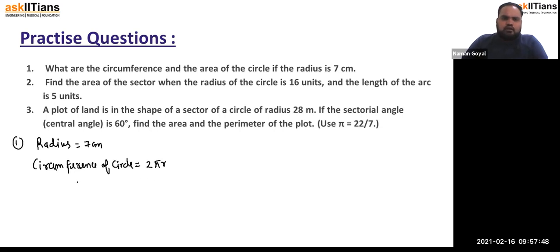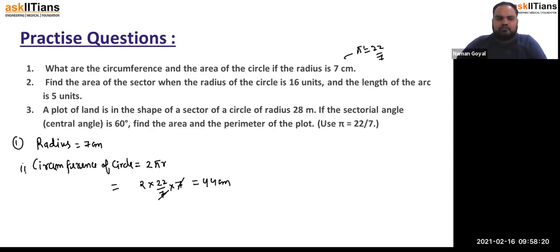Now, according to the question, r is 7, and 7 is divisible by 7, meaning if we take pi as 22 by 7, then it will be more beneficial because 7 and 7 are going to cancel out each other. So we take pi as 22 by 7. It gives 2 into 22 by 7 into 7, the 7s cancel out each other. What we get is 44 centimeter. So this is the circumference we got.